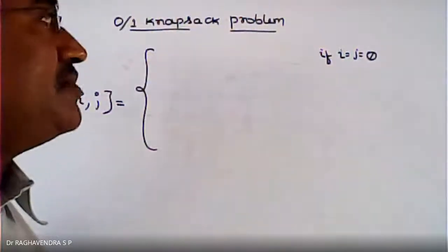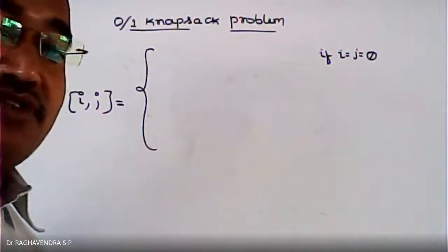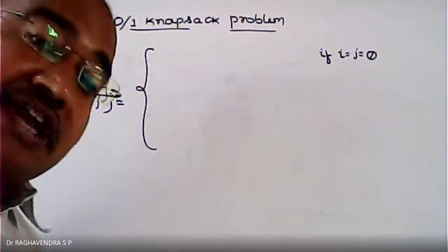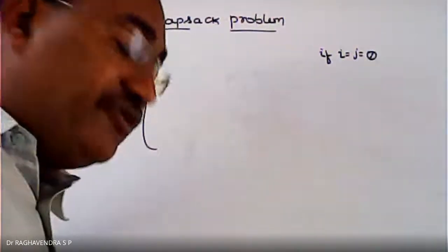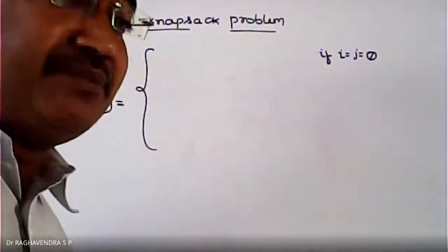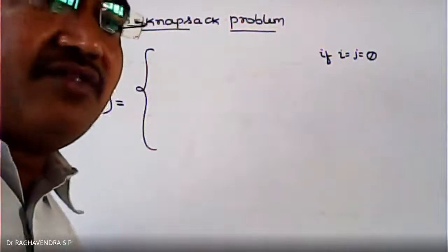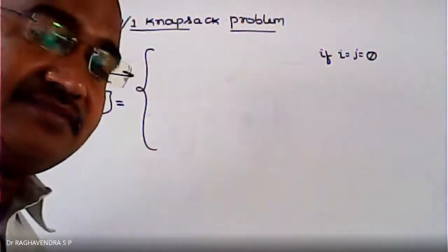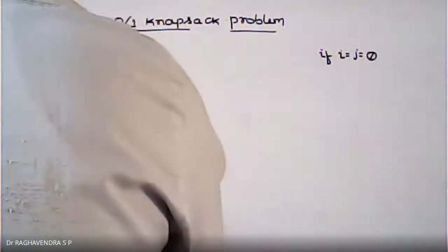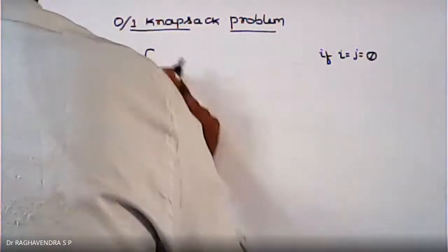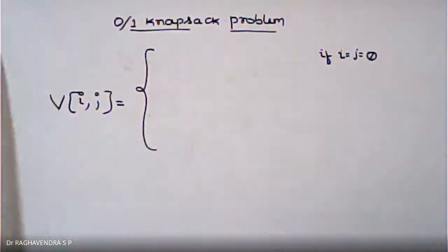Suppose if the remaining capacity also becomes 0, can we insert an item into the knapsack? No. So if you cannot insert any items into the knapsack, can you earn the profit? No, sir. So that is why if i is equals to j is equals to 0, the profit you are going to earn is 0. Very good.